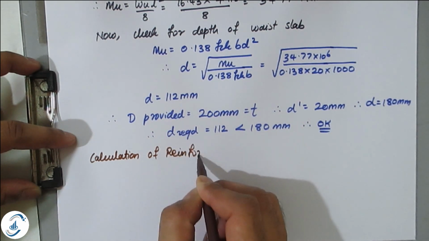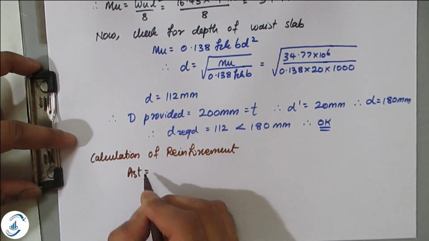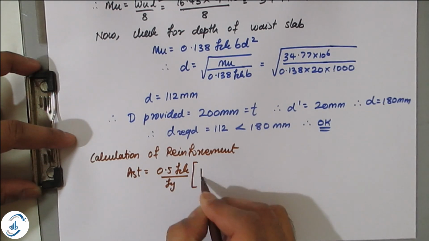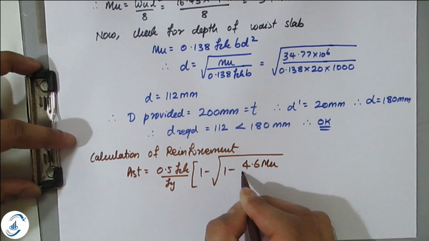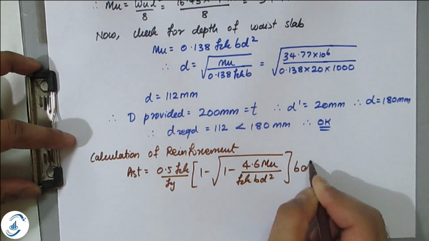Calculation of reinforcement. As usual, the Ast formula is 0.5 fck/fy times (1 minus root of 1 minus 4.6 Mu/(fck b d square)) into bd.